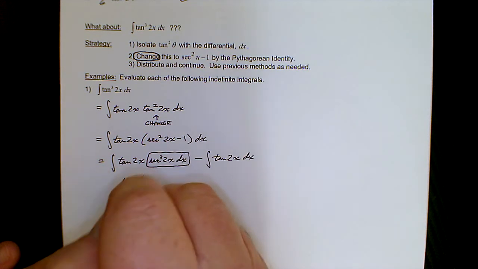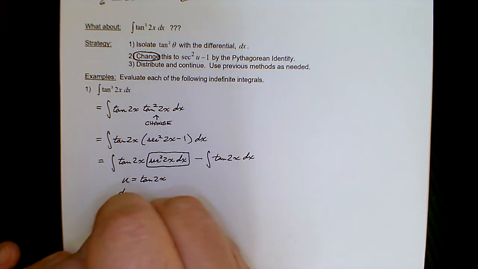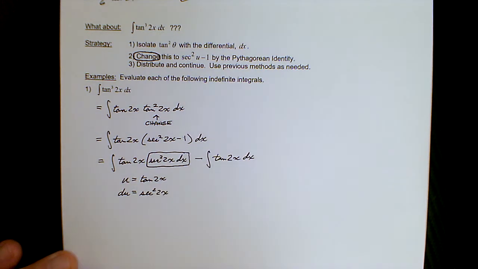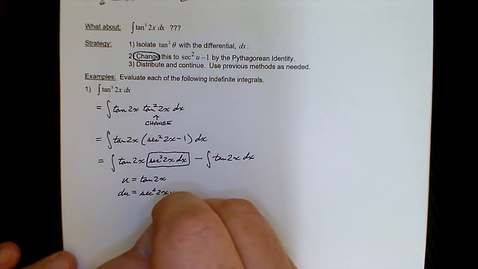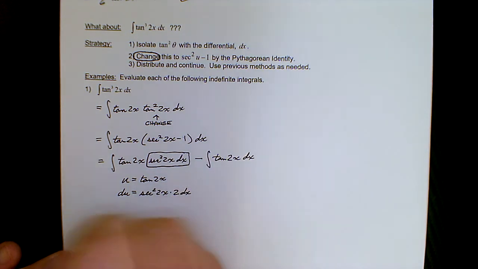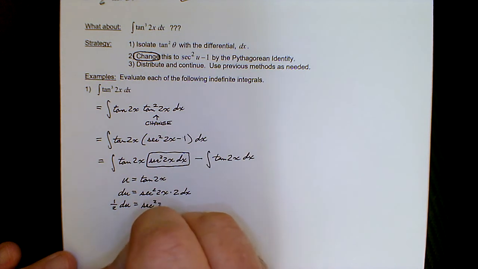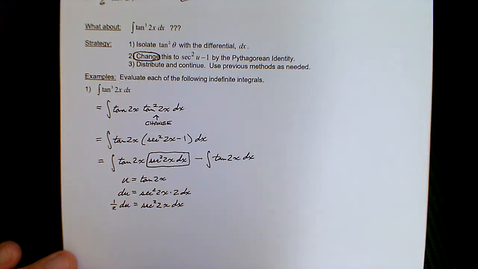Do a u substitution right underneath this. u is tangent 2x. du is secant squared of 2x times 2, differential dx as well, so modifying, 1/2 du is secant squared of 2x dx. And we can make a u substitution.